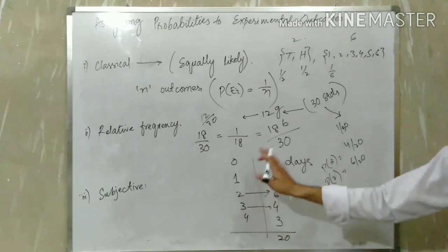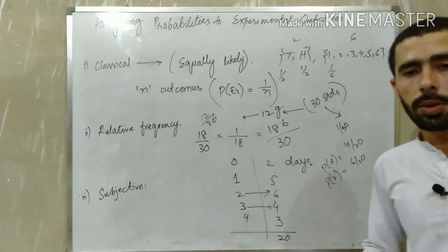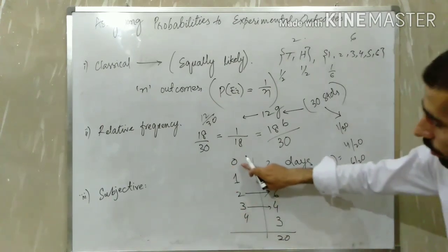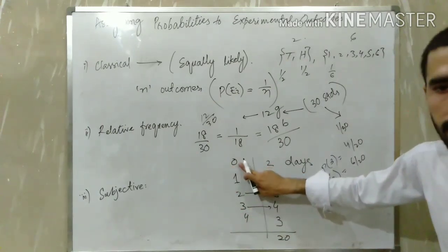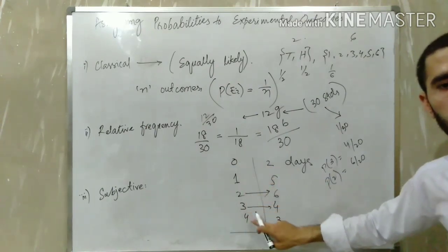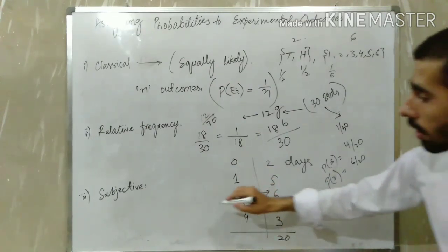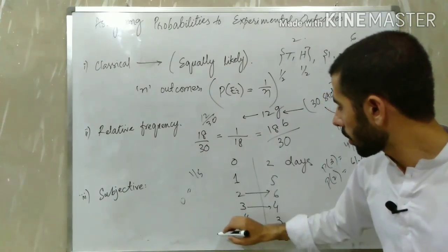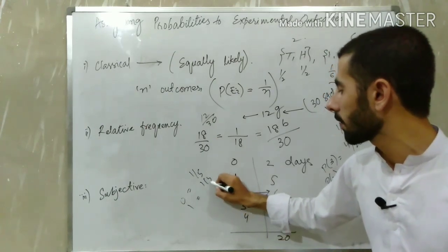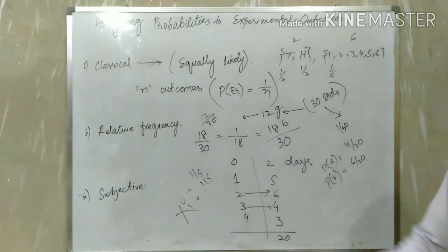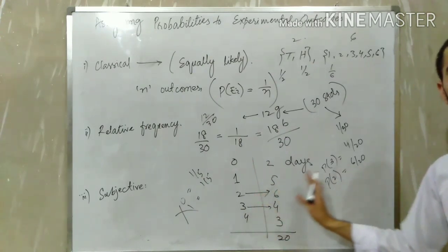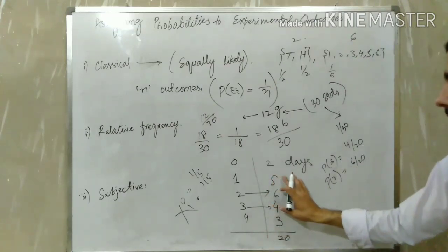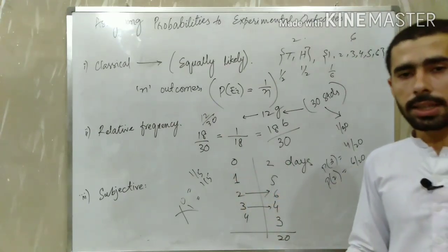So this situation cannot be handled with the equally likely or classical approach, where for 0 patients, because you have 5 possible outcomes, either 0, 1, 2, 3 or 4 patients waiting, the possibility for 0 patients would be 1 by 5, or the possibility for 1 patient would be 1 by 5. This approach cannot be used, though there are 5 outcomes possible, because their data is different. The data says something different, that how frequently that thing has occurred.